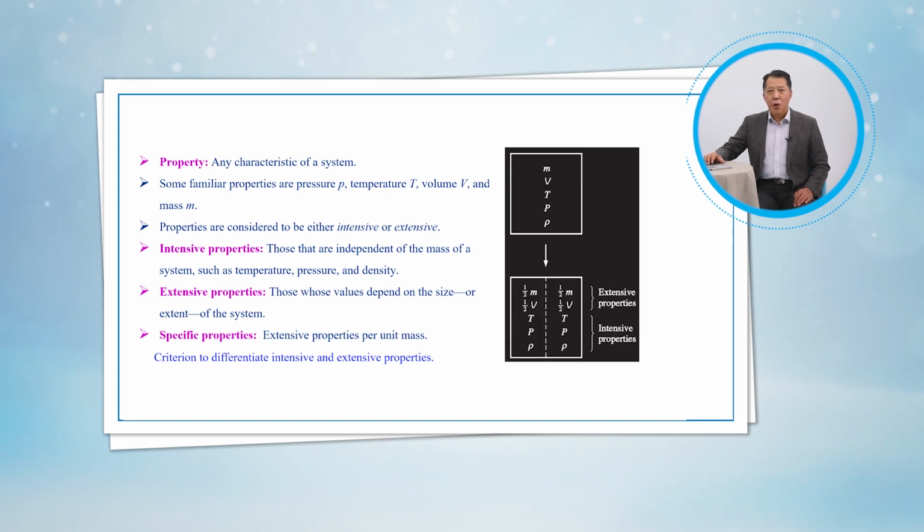Each part will have the same value of intensive properties as the original system, but half the value of the extensive properties. Generally, uppercase letters are used to denote extensive properties, and lowercase letters are used for intensive properties.